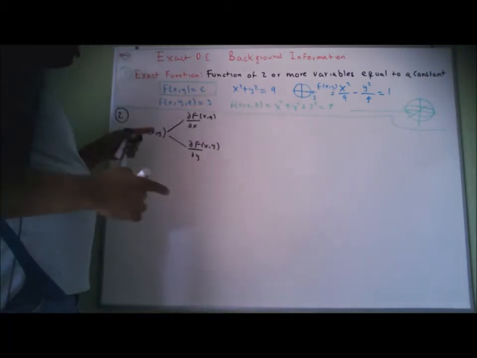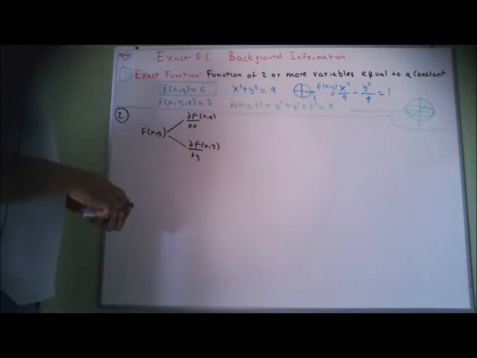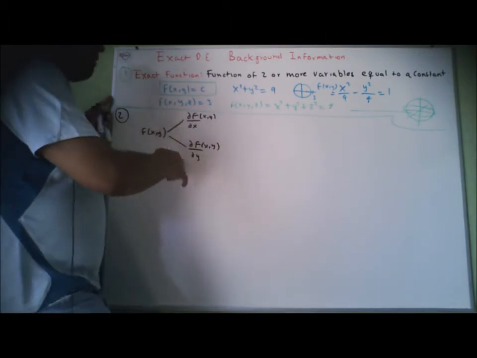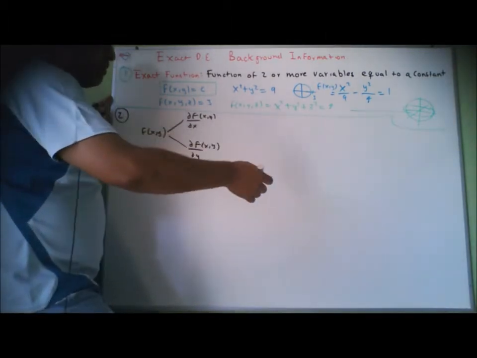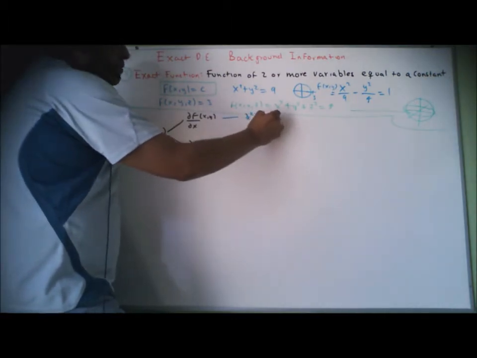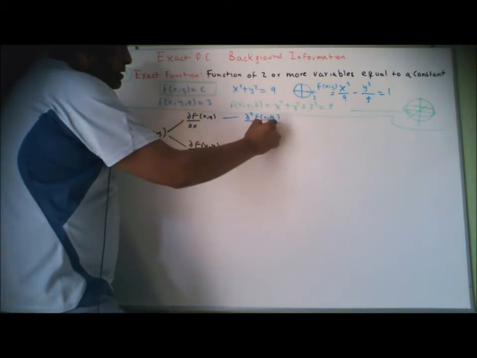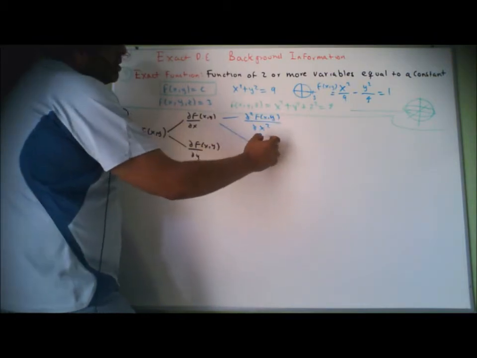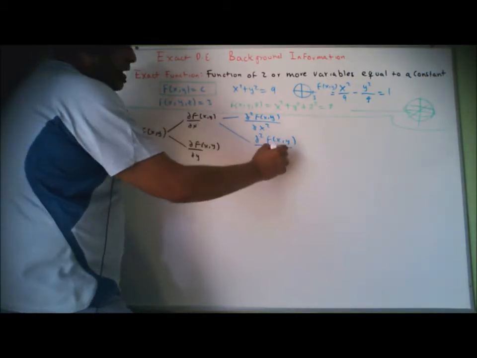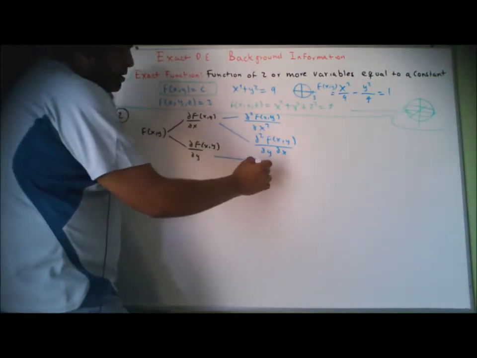Now, what about the second partial derivative? Because here you have two partial derivatives. If you take the second partial derivative, then you will have the second partial derivative of the function with respect to x two times, and of the function first with respect to x, but then with respect to y. And once you take the first derivative here, you can take the second derivative.